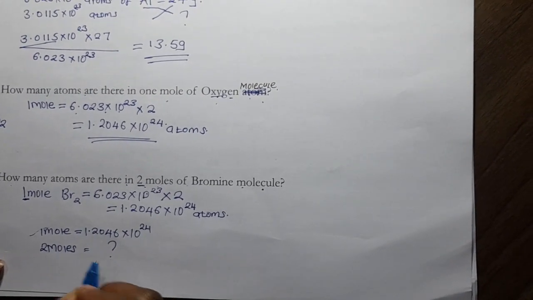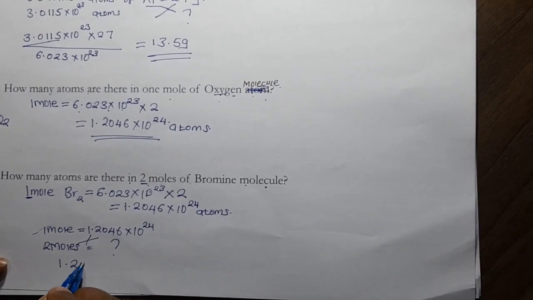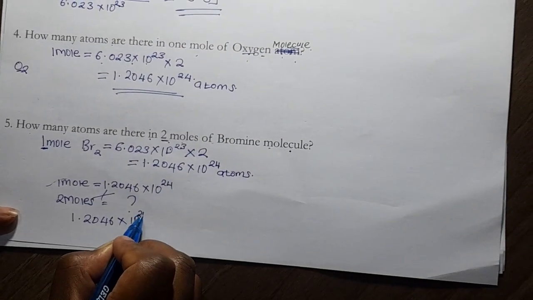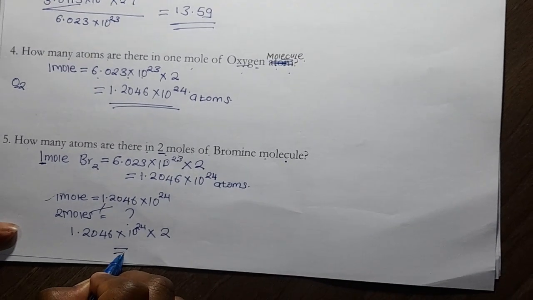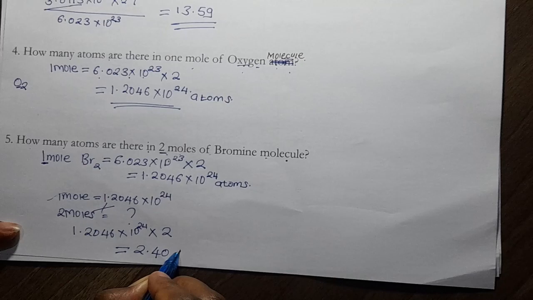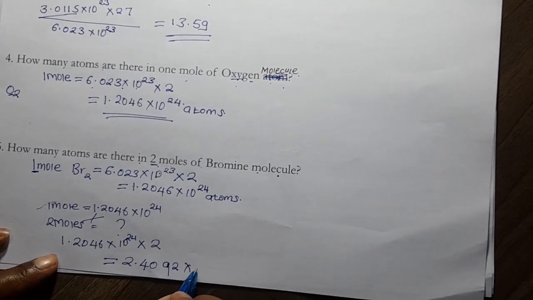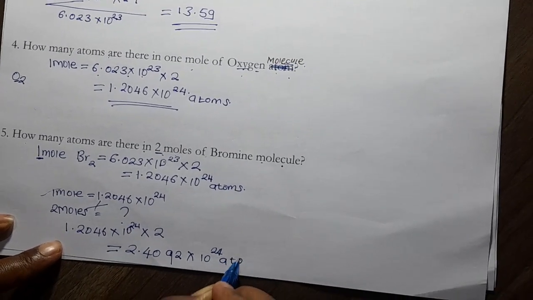So again here we cross multiply, so this will be 1.2046 times 10 raised to the power 24 multiplied by 2. So this simply gives us 2.4092 times 10 raised to the power 24 atoms.